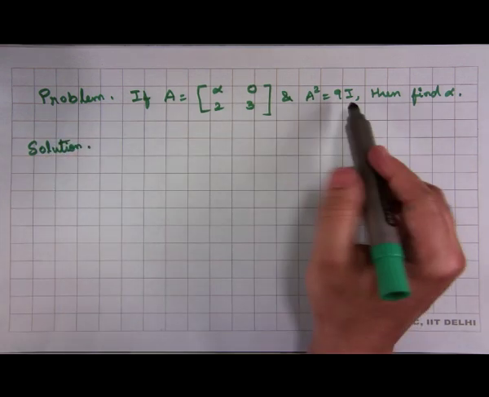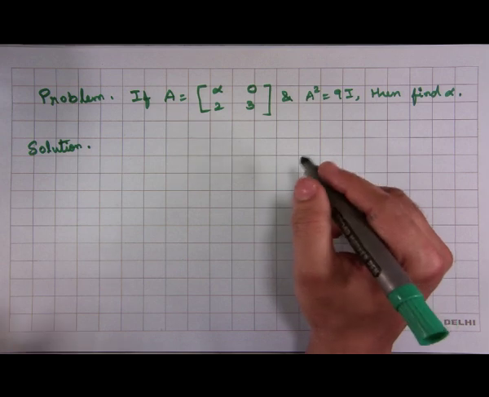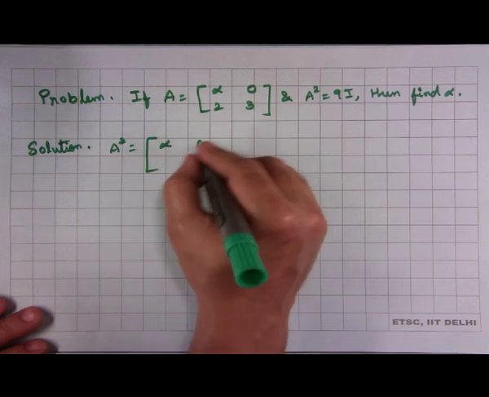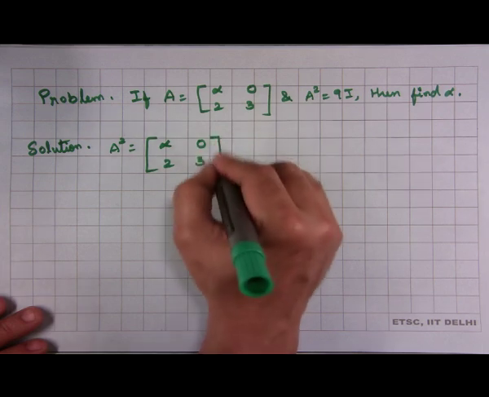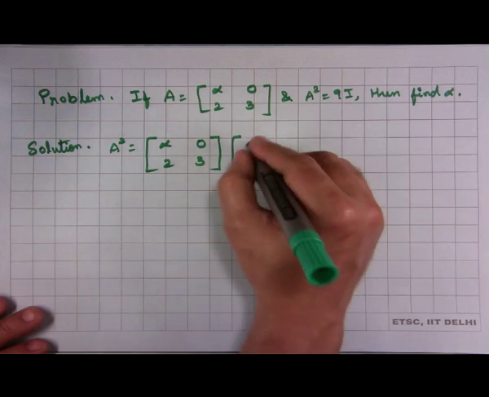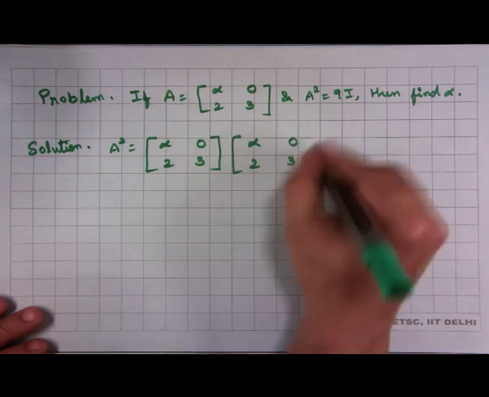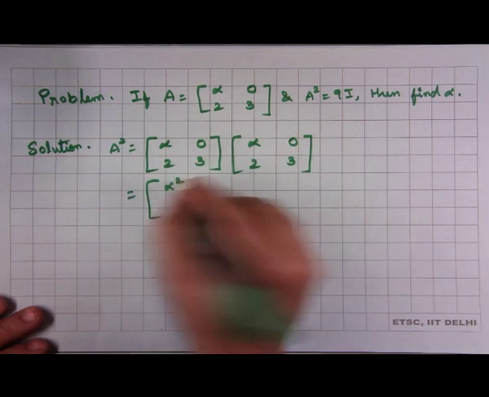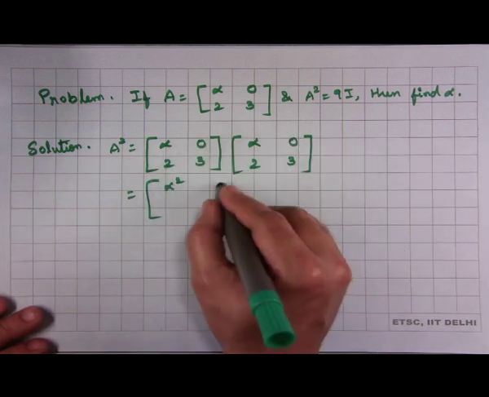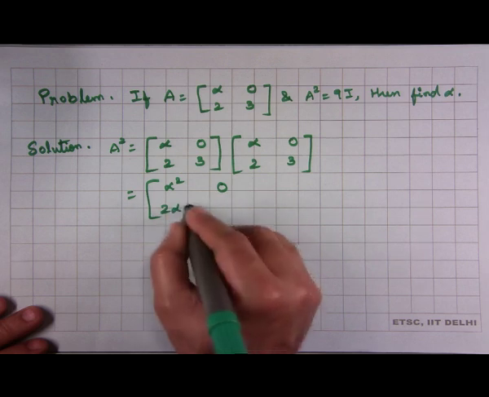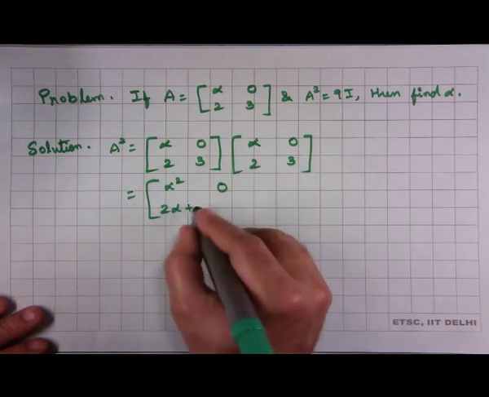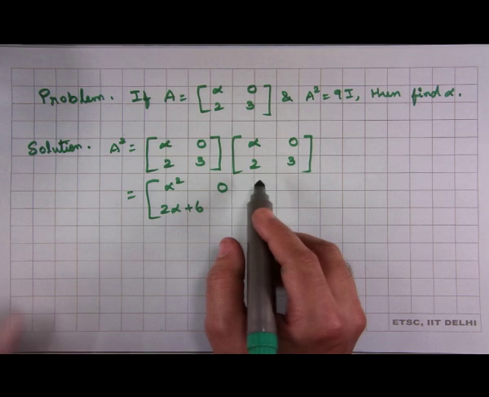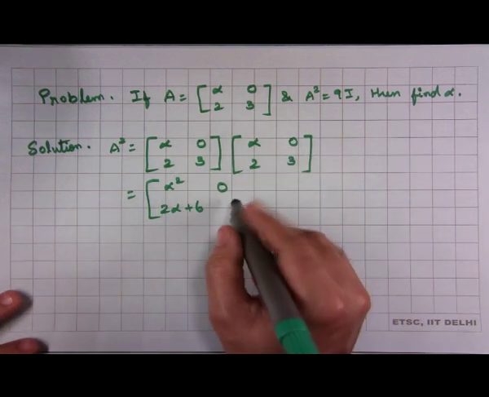Again you are given that A squared is 9I, which means you will have to find A squared, which is alpha 0, 2 3, times alpha 0, 2 3, which is alpha squared, the second term is 0, 2 alpha plus 6, and then the last term is 9.